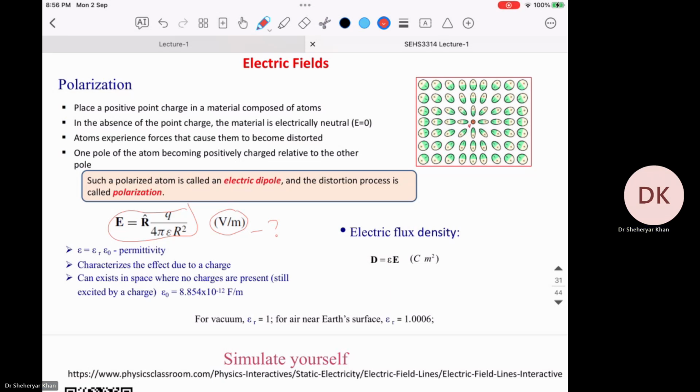The potential on this line is called voltage, and the effect of this potential at a certain distance is called electric field, volt per meter, say 10 kV per meter. That is the reading we actually need to design insulators. I will show you one example in the exam question.